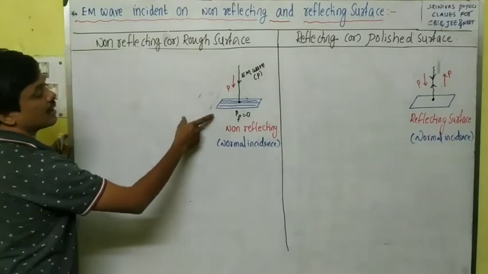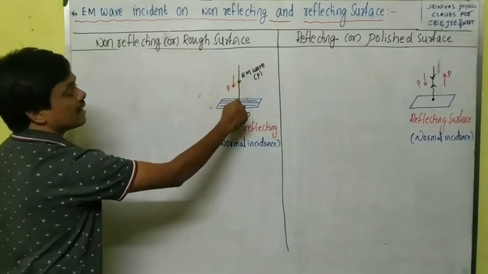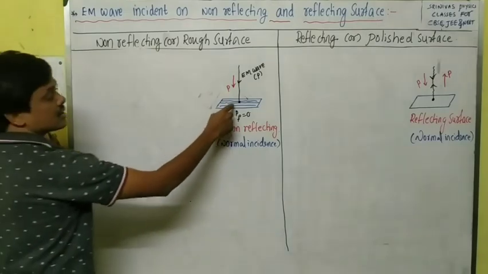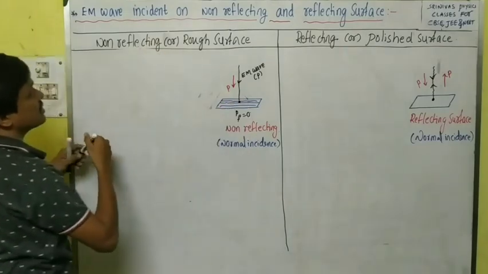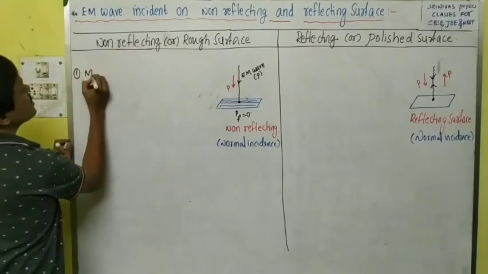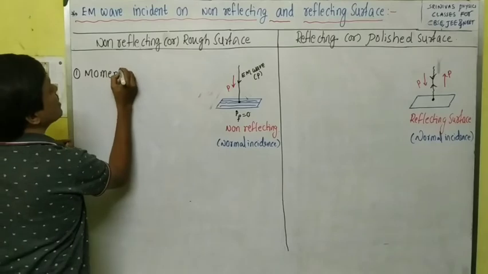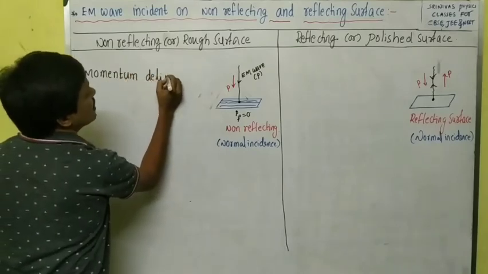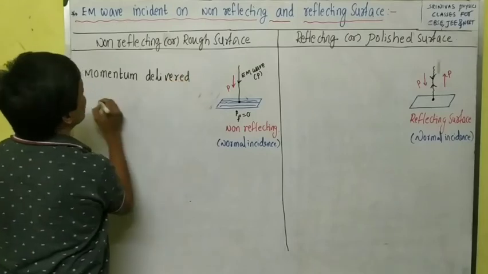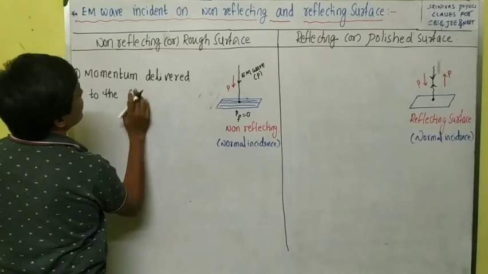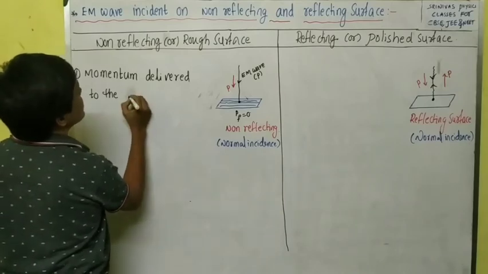Firstly, the electromagnetic wave is incident normally, meaning at 90 degrees with the surface, on a non-reflecting surface, that is a rough surface. The first point I am going to explain is the momentum delivered. Momentum delivered means transferred. Momentum delivered to the non-reflecting surface, right?